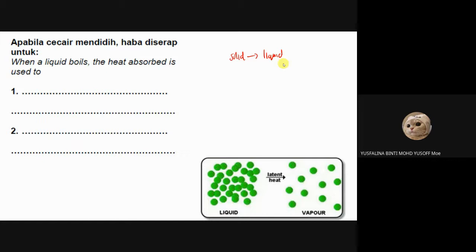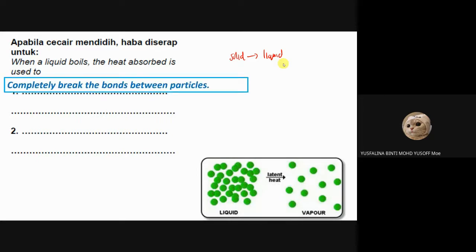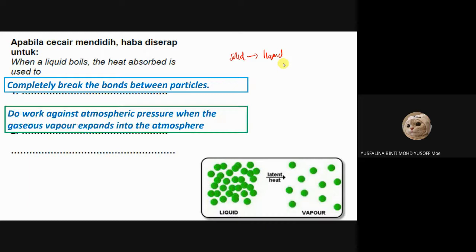But for liquid to gas, there are two functions of the heat energy supplied. What is the first function? Of course, to break the bond. What is the second one? The second one is to do work against atmospheric pressure.